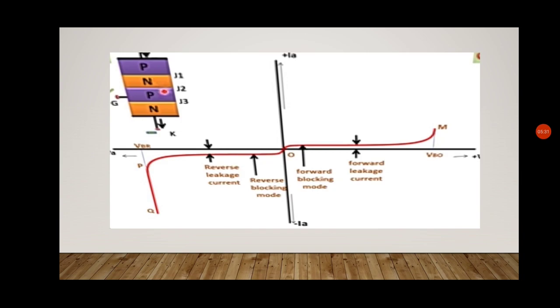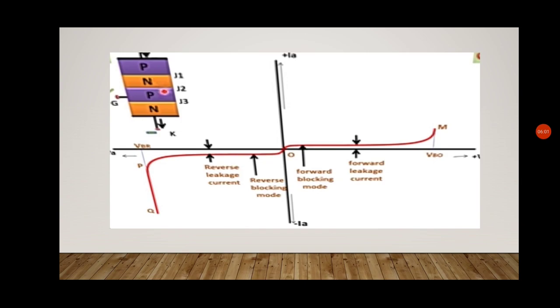Now comes the forward blocking mode. In forward blocking mode, what we do is keep the cathode K negative with respect to anode. When the cathode K is negative with respect to anode, junction J2 is reverse biased, whereas junctions J1 and J3 are now forward biased.